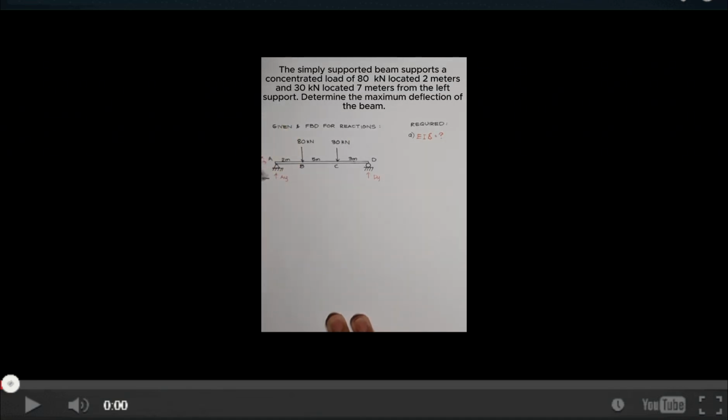So for AY, to get the reactions, kailangan natin mag-moment kay D. So for AY, ang ikot ni AY papunta kay D is clockwise, so positive, then the distance is 10.